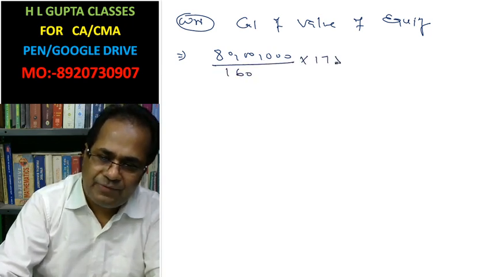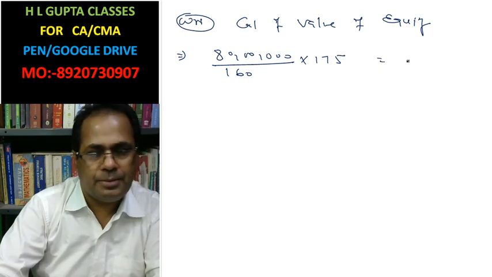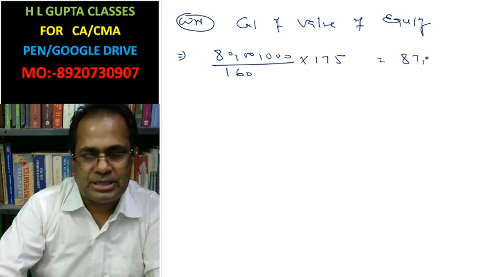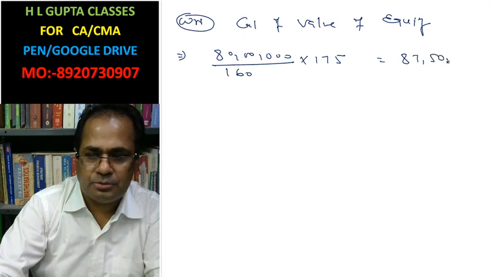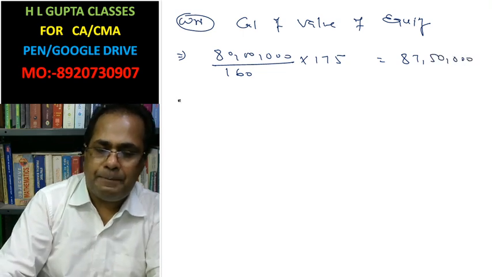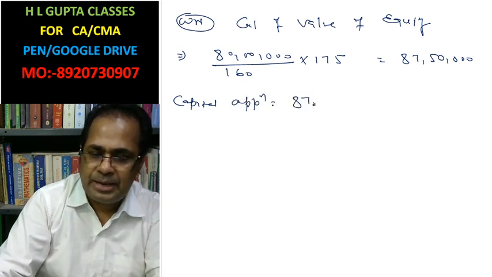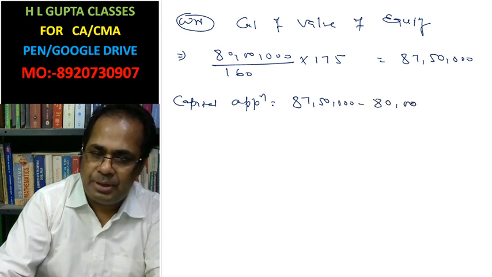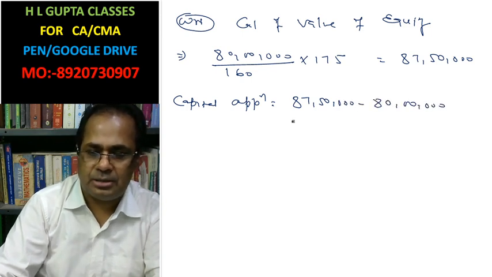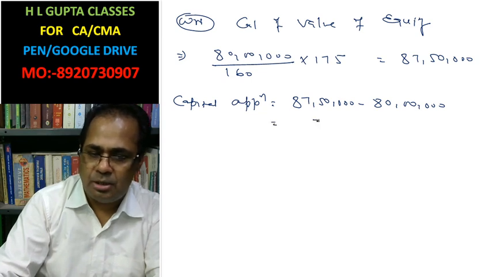Now the market price is going to be 175. This is 87 lakh 50,000. Capital appreciation: at the time of investment it was 80 lakh, and now it becomes 87 lakh 50,000, so appreciation is rupees 7 lakh 50,000.